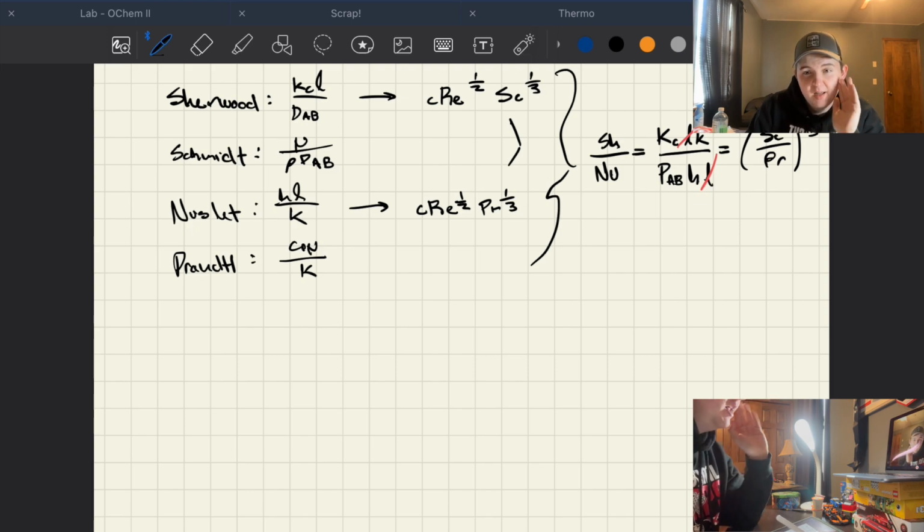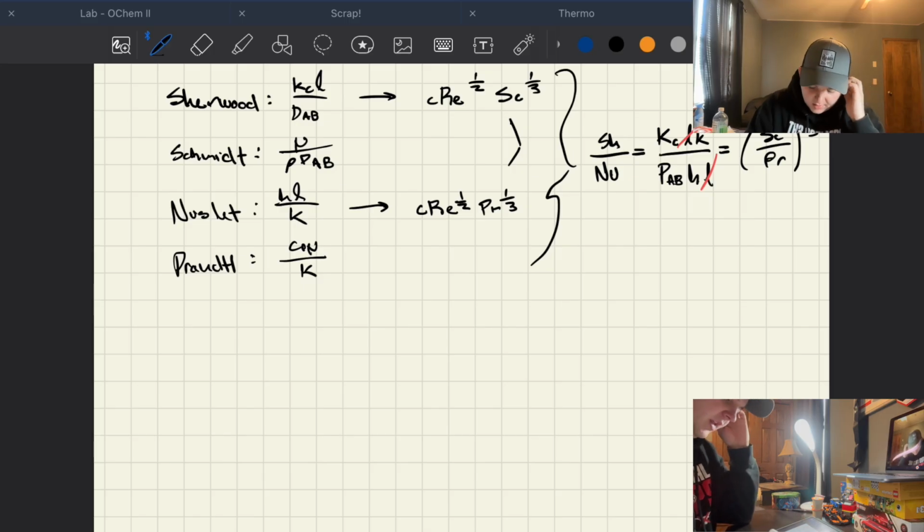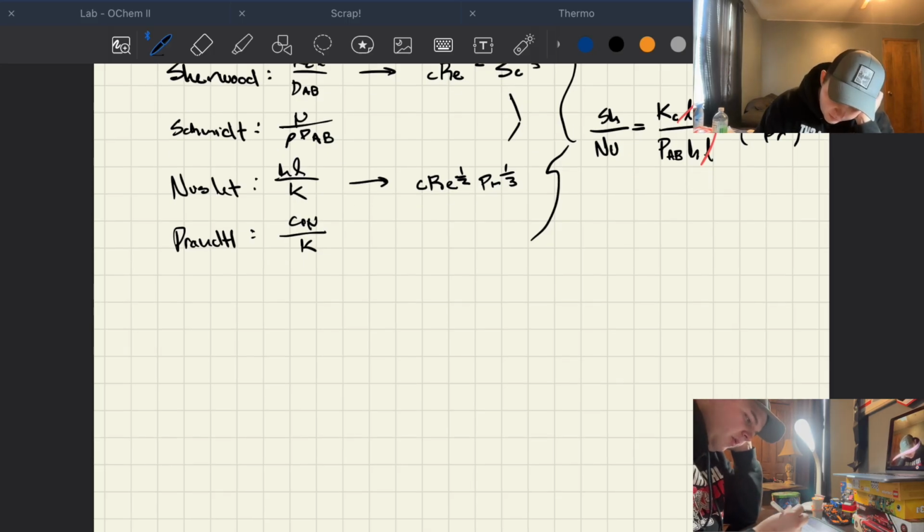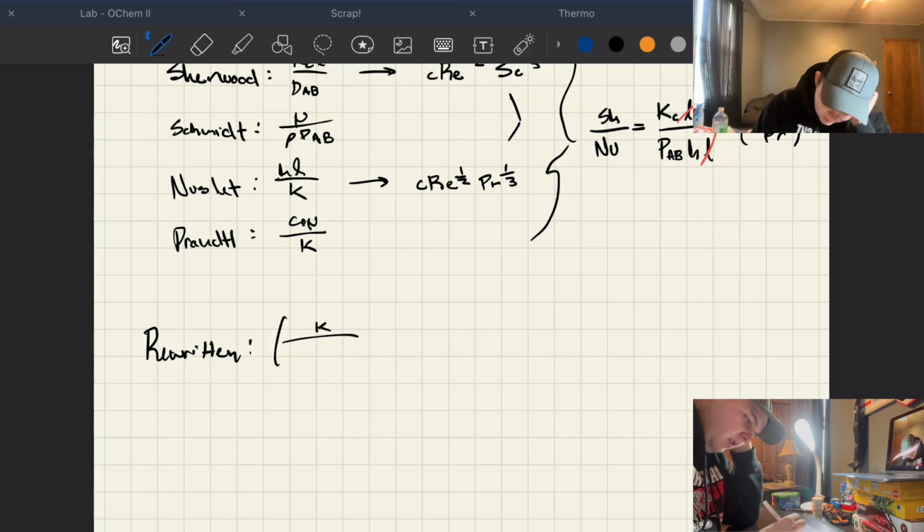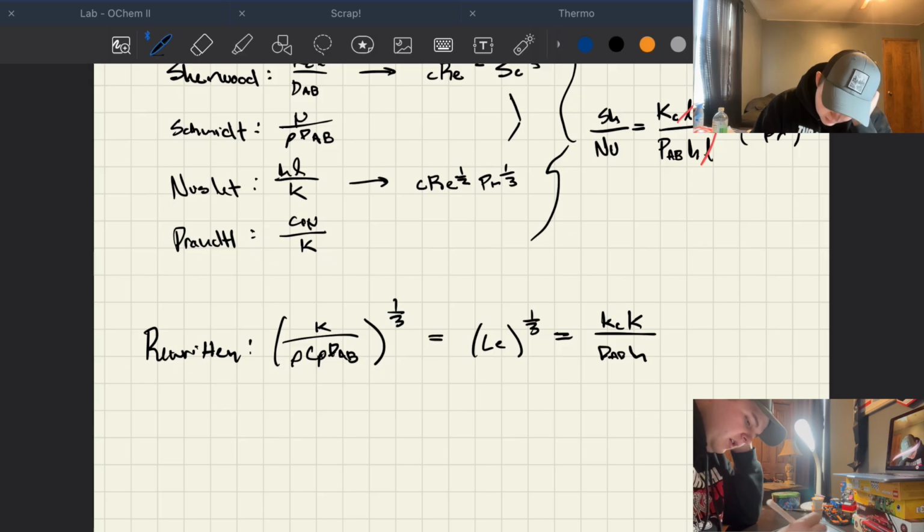And then if we rewrite it one more time, we can get k over rho Cp D_AB to the 1/3 power, and that's going to be equal to Le to the 1/3, which is equal to kc k over D_AB h.